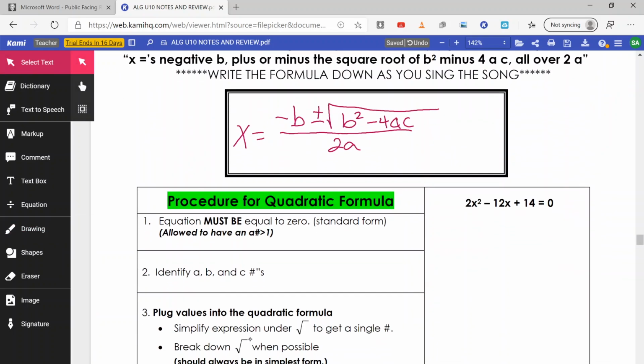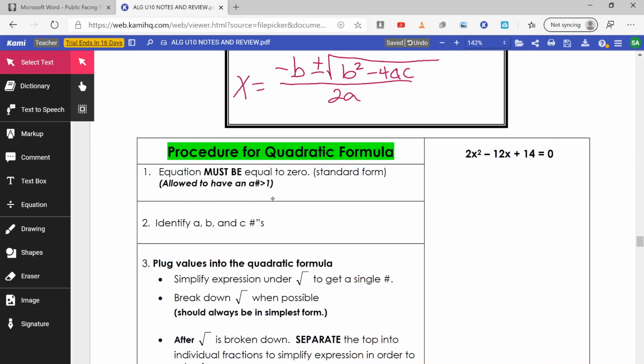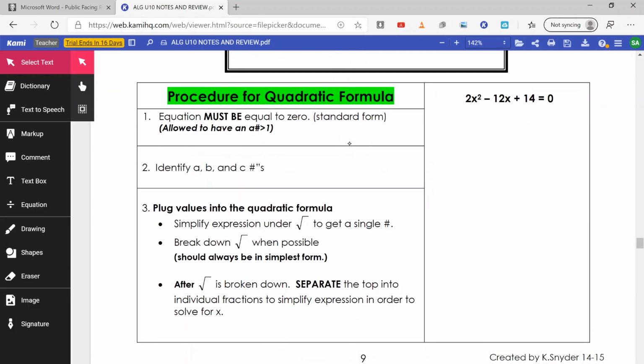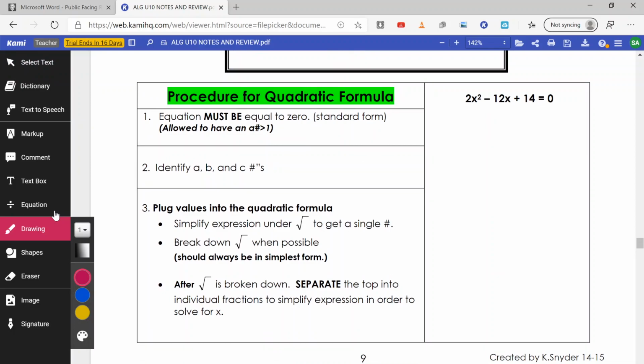So how do I use the quadratic formula? Obviously, I've got all these wonderful letters within the quadratic formula. What do they all mean? Well, remember, for a quadratic expression, the standard form is ax squared plus bx plus c, and if we're doing an equation, it'd be equals 0. Where a, b, and c are the values of numbers that we are given in a problem.